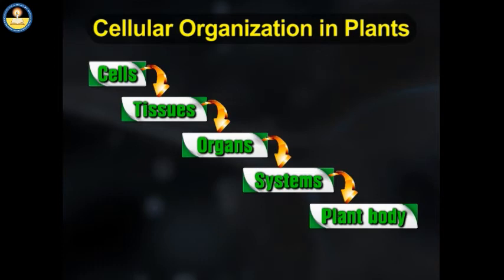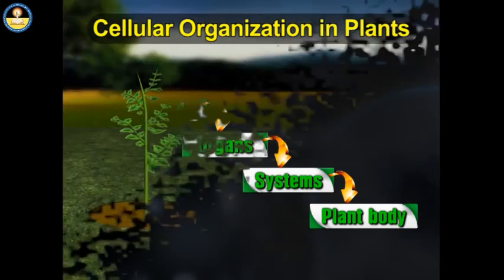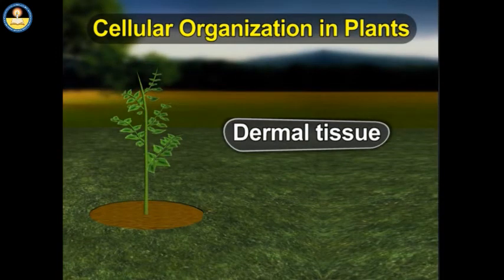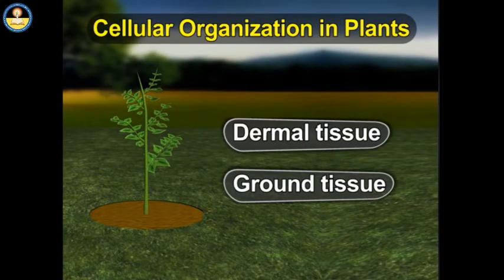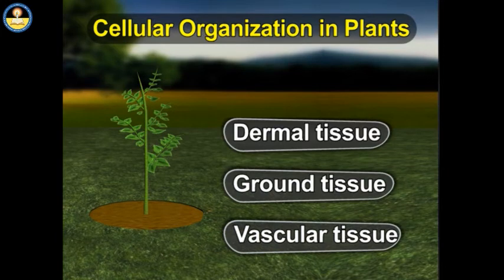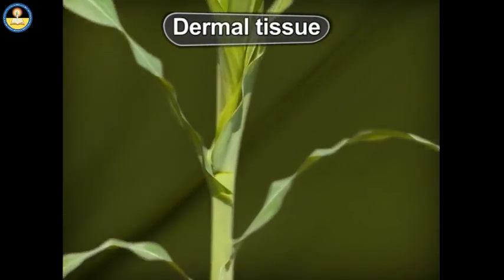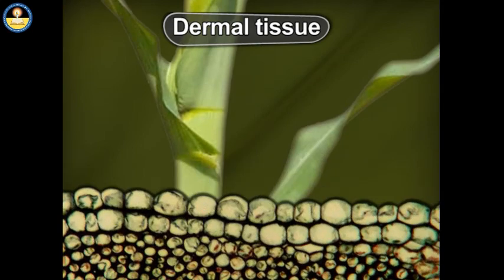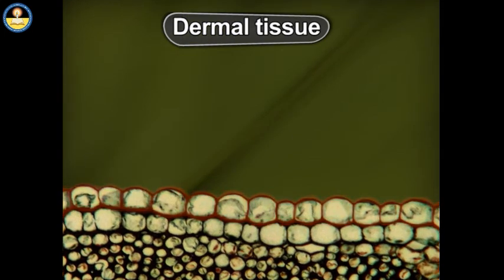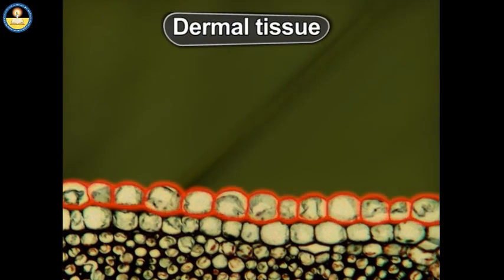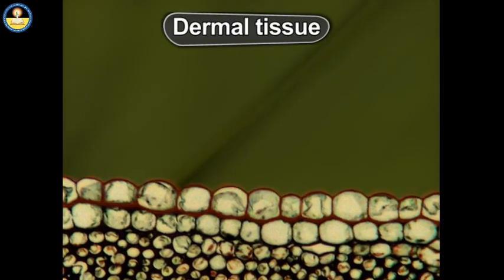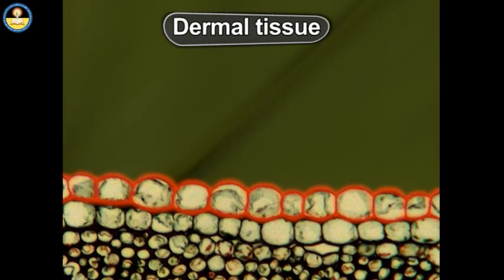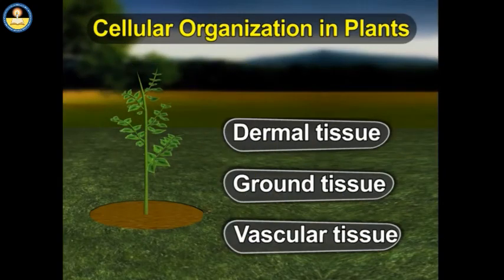Different types of tissues are formed from different types of cells. Dermal tissue, ground tissue, vascular tissue. Dermal tissue is primarily made up of parenchymatous cells arranged in a single layer of cells. Main role of this tissue is protection of the plant.